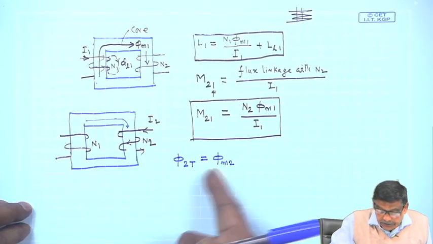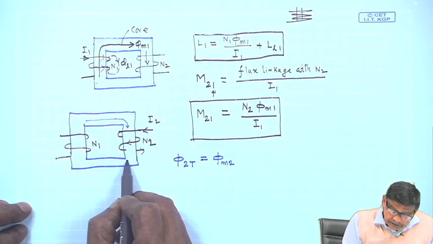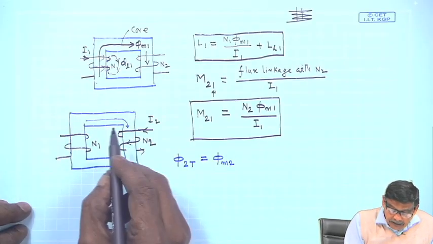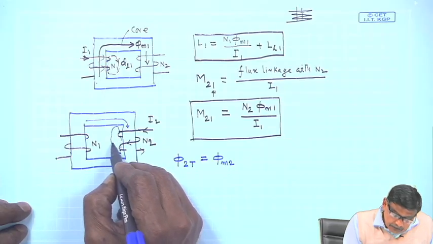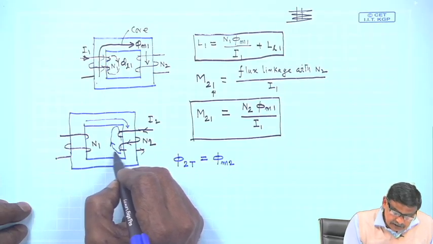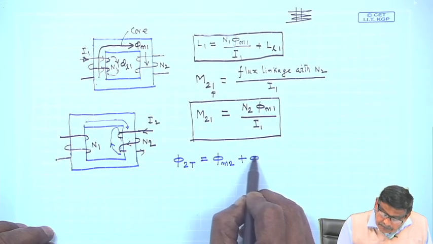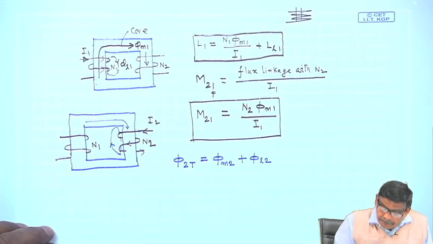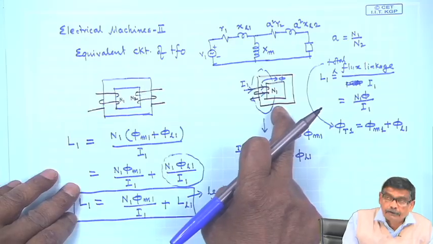So, phi m 2 is the mutual flux which is confined to the core, and there will be a component of flux which will complete its path largely through the air gap, and that will be termed as phi L 2, in the same way as we have done in the case of the first coil.